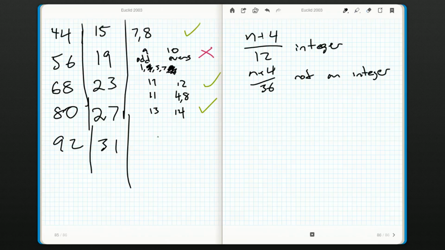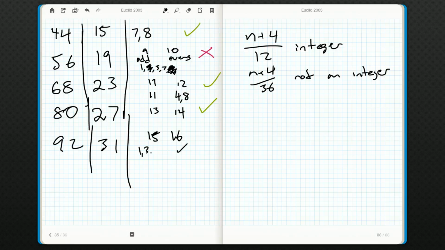How about 31? We would need 16 and 15. So 16's fine as it is. 15, that's a multiple of 3. Can we make it with just using odd numbers and none of them being multiples of 3? 1, 3, and 11 won't work. 1, 5, and 9 won't work. 3, 5, and 7.